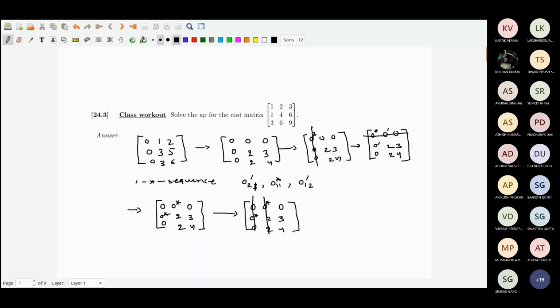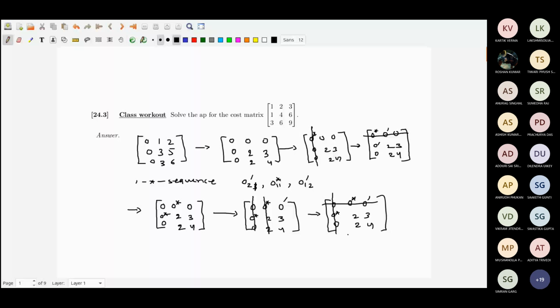The moment you get a prime, in the next step it will cover that star, the first, I mean 1/2th place star, because that is the star available in its row. So it will cover by this. It is covered by this 2, 3, 2, 4. Okay, so you have covered all the zeros of the matrix by lines, the minimum number of lines, because of the star prime sequence.